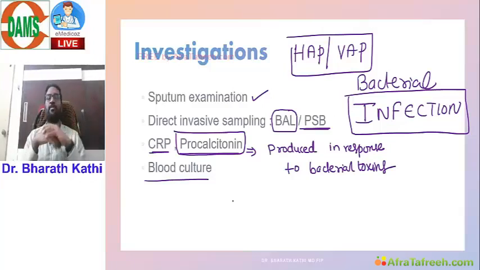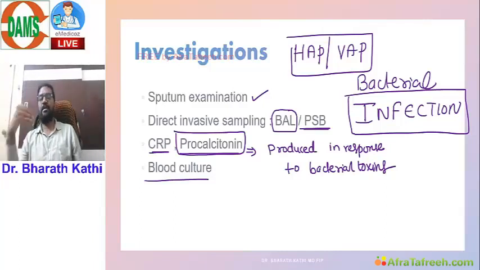Serial procalcitonins can help you de-escalate the antibiotics. You initially started higher antibiotics, now procalcitonin has come down, so you can reduce the antibiotics. You started dual antibiotics, now you can decrease to a single antibiotic.